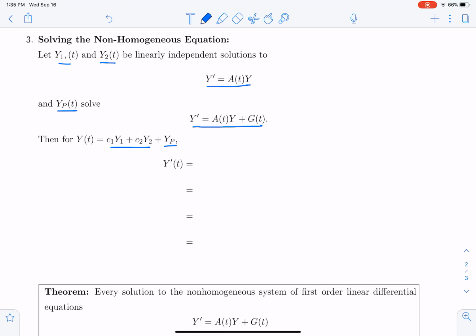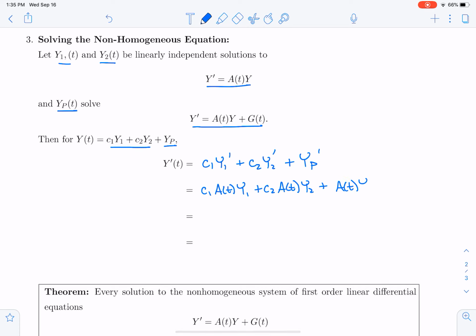So the derivative of that is going to be c1 y1 prime plus c2 y2 prime plus yp prime. Now, y1 prime is going to be A of t times y1, and y2 prime is going to be A of t times y2, and yp prime is going to be A of t times yp plus g of t.